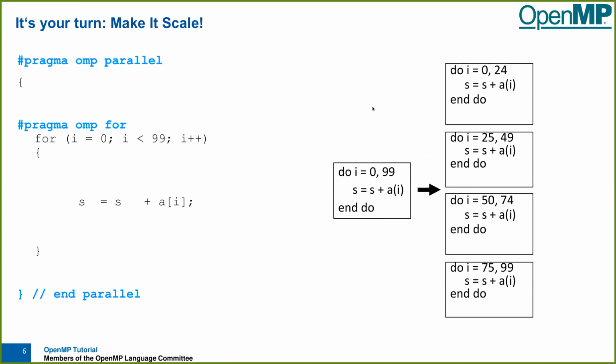My PDF display tool doesn't allow me to draw in here at the moment, sorry for that. What I wanted to say is that this thread has to work on S1, this thread has to work on S2, this on S3. So that means we have to make S in OpenMP terms a private variable.